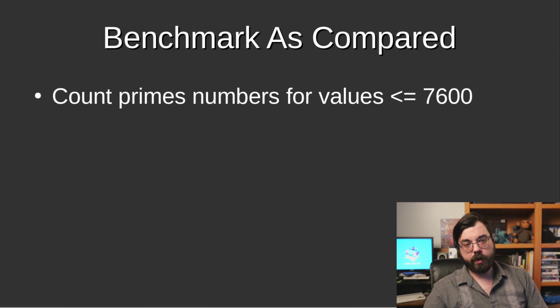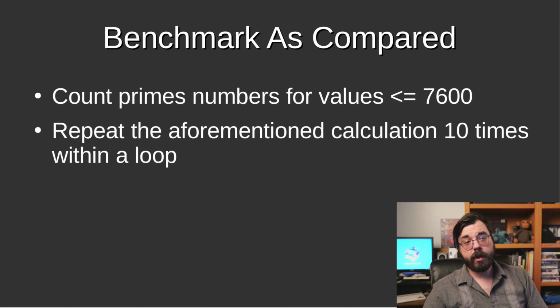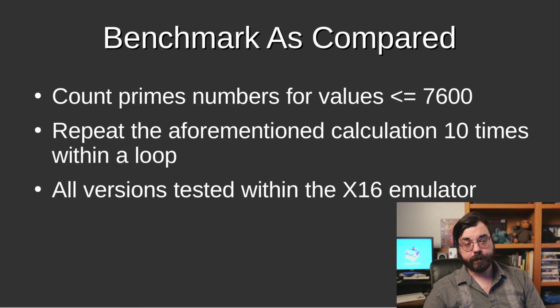So part of this was figuring out how high I could go before I basically had a problem. I was able to get up to 7600 with BASIC before it started causing problems, so that's what I selected as the top end. And to make this benchmark run a little bit longer to really show standout performance, I calculated it 10 times within a loop.